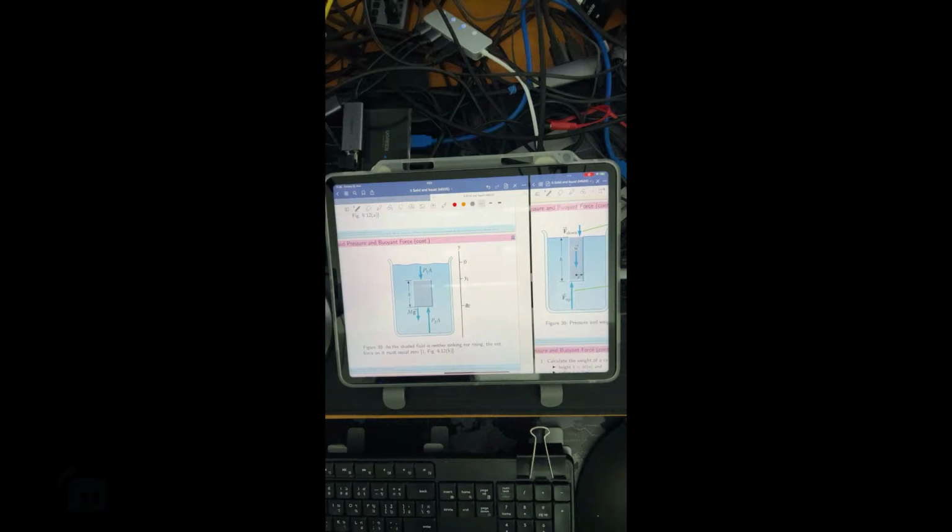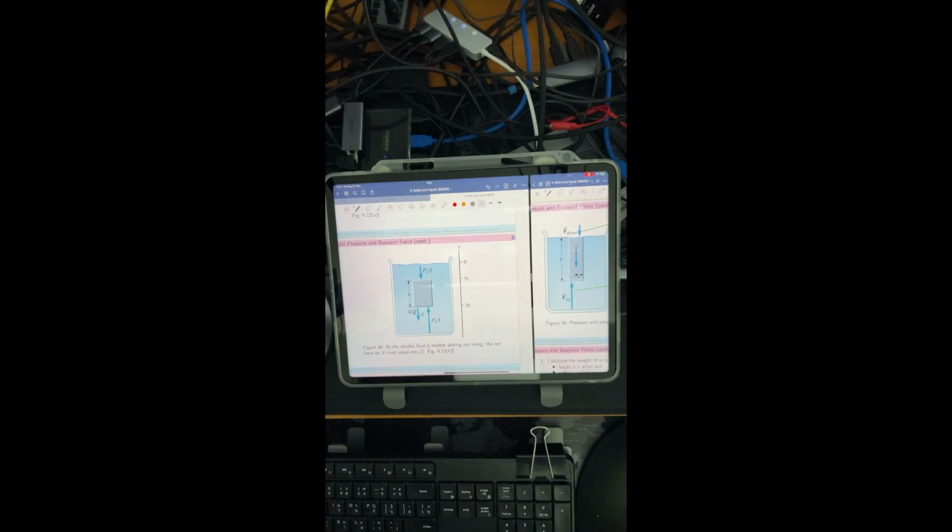Okay, the depth is Y2, and if you want to measure it, you would see that there is the weight of this water, the same as in the previous example. And you have pressure pointing up, right? And the F here is P2A.